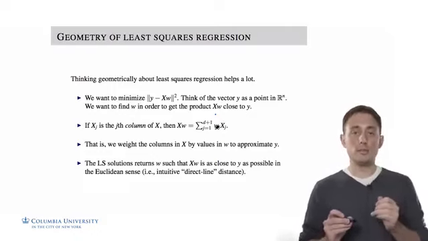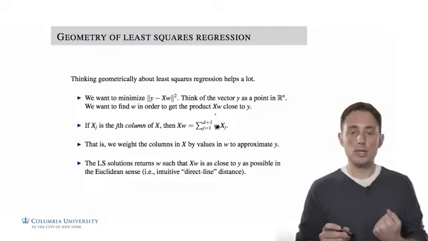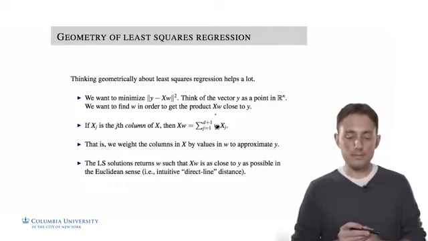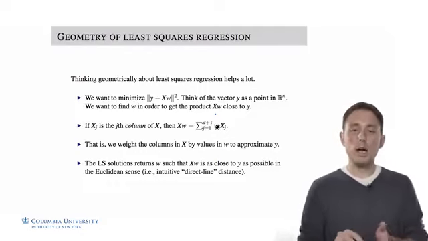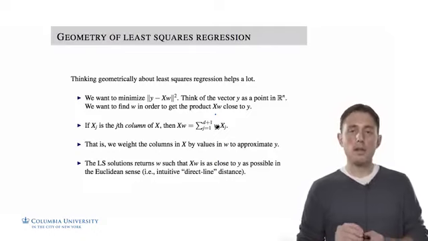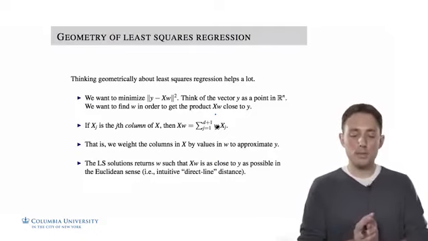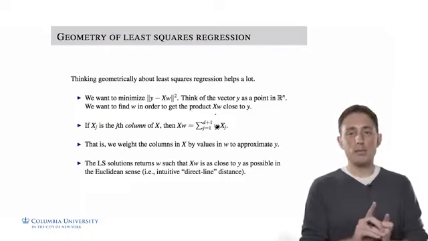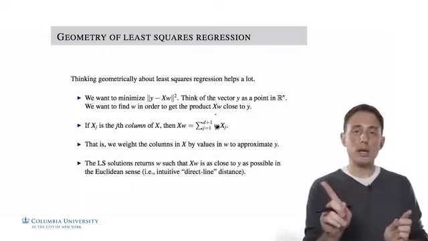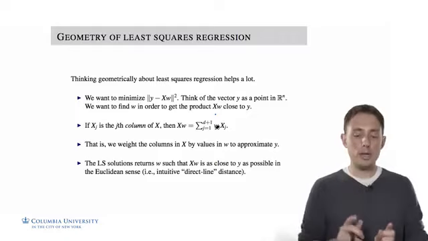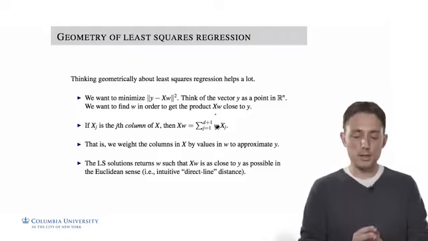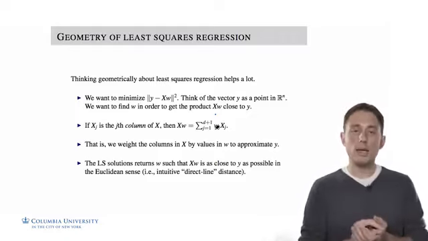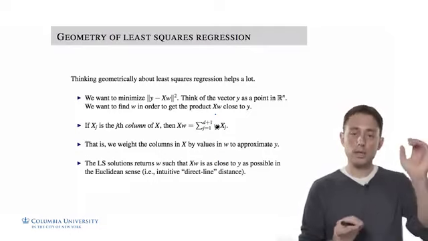If wj is negative, then we flip its direction and stretch it or shrink it. We do this for each column of the matrix X, and then add these vectors up. So xj is pointing in one direction, xj plus 1 is pointing in another direction. We add those up, and we're trying to make the sum of these vectors get as close to y as possible, which is a point in Rn.